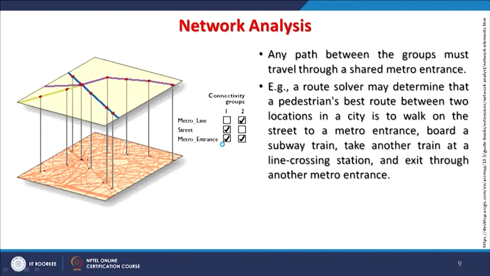So, for example, a route solver may determine that a pedestrian's best route between two locations in a city is to walk on the street to a metro entrance, ride the subway train, take another train at line crossing stations, and exit through another metro entrance.